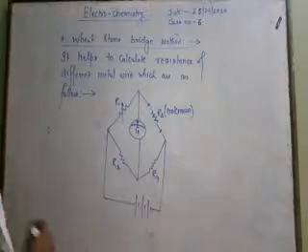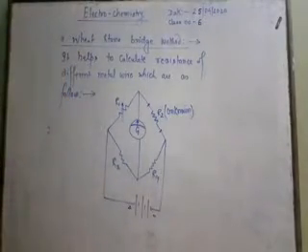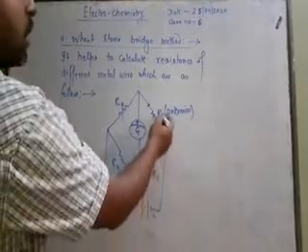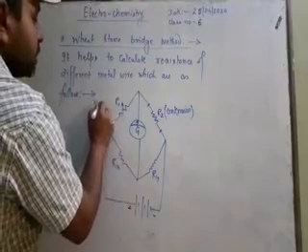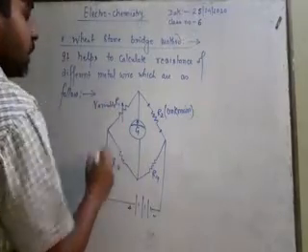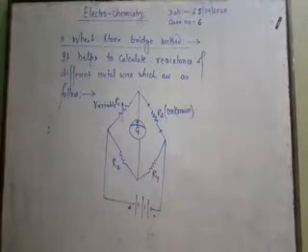Now students, this is the bridge method to find the unknown resistance with the help of a variable resistance and known resistances. R3 and R4 are the known resistances.